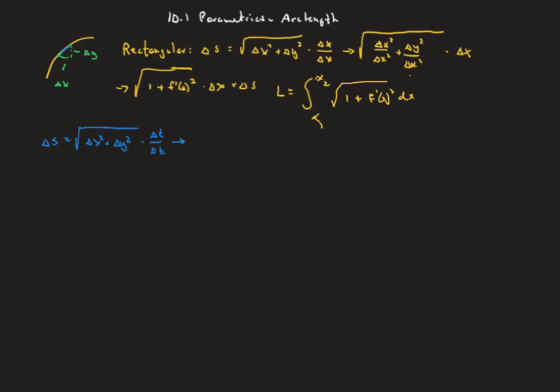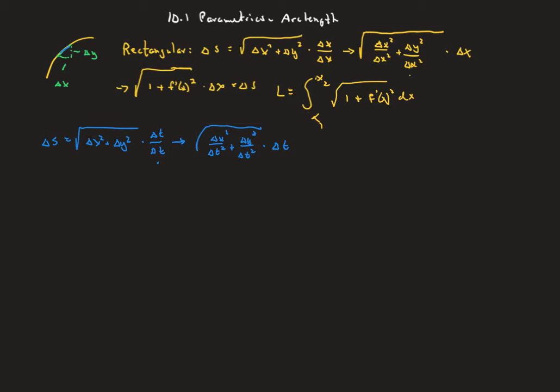So we'll bring the delta t in the denominator inside, and we will get the square root of delta x squared over delta t squared plus delta y squared over delta t squared, and then we'll still have the other delta t that was in the numerator left on the outside.